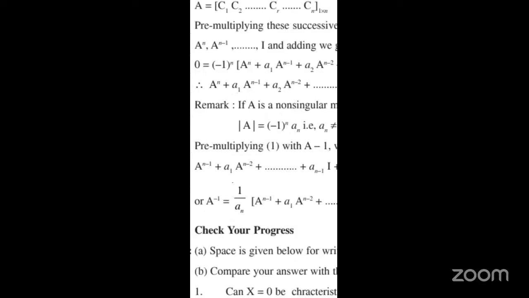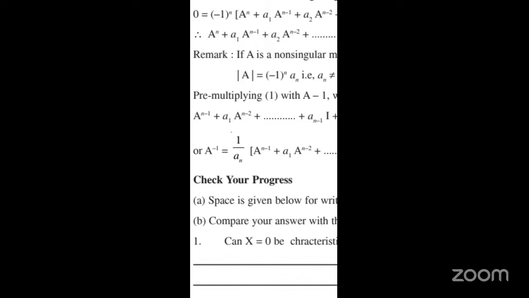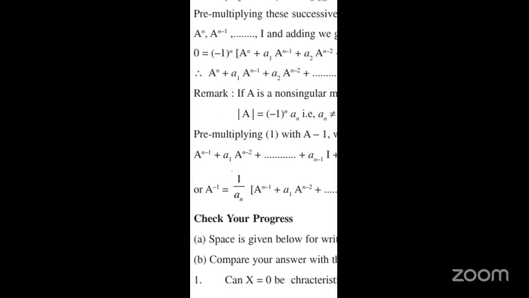Now to find the A inverse, we multiply the characteristic equation by A inverse. A power n into A inverse equals A power n minus 1 plus a1 into A power n minus 2 plus and so on, plus a n minus 1 of I plus an into A inverse equal to 0.